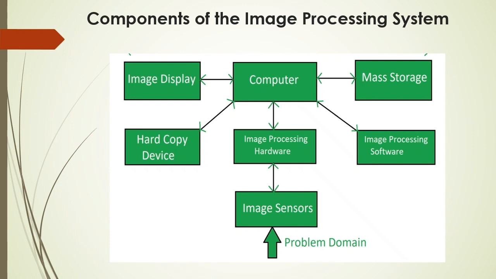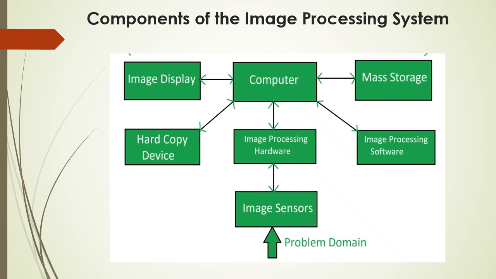Here, image sensors sense the intensity or amplitude and coordinates and other features of the image, and pass the result to the image processing hardware. The image sensor is to be included in the problem domain.